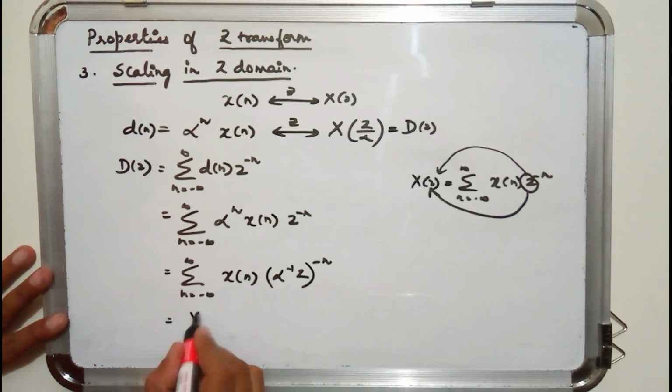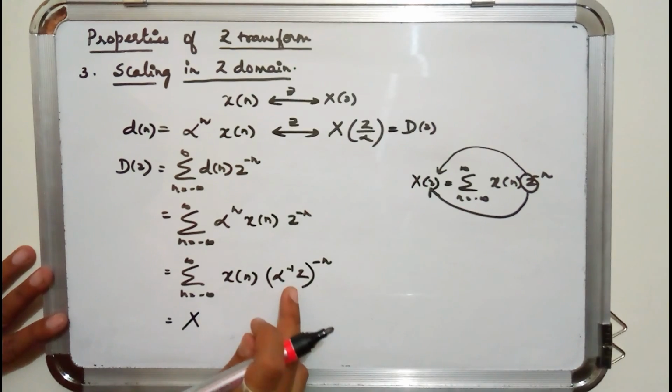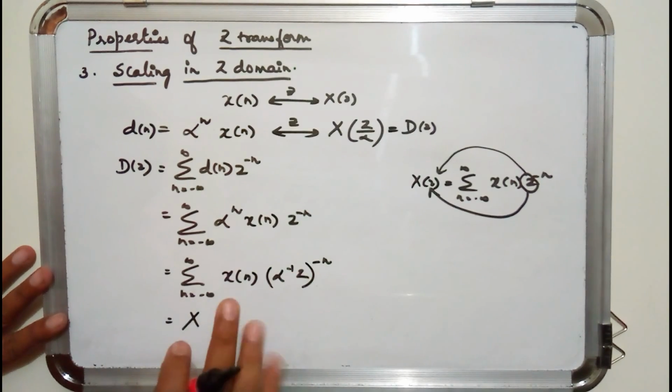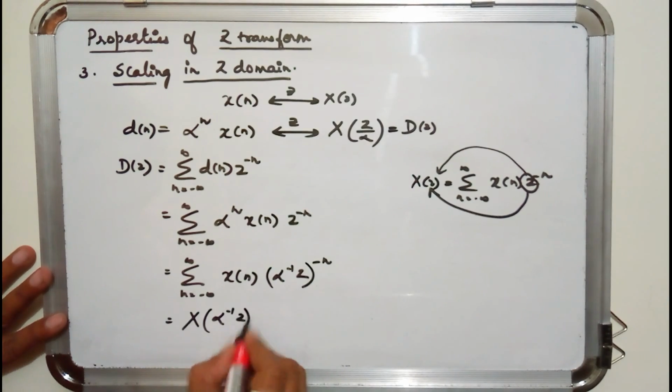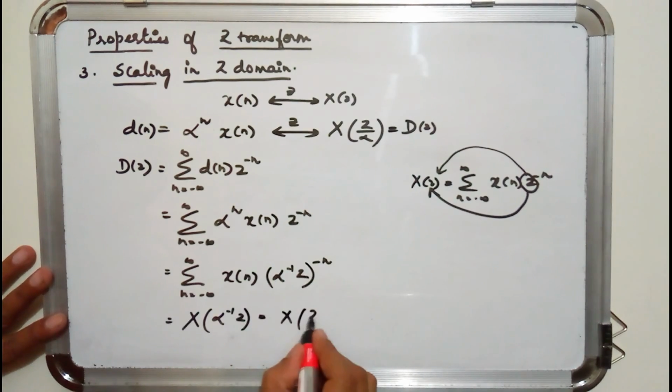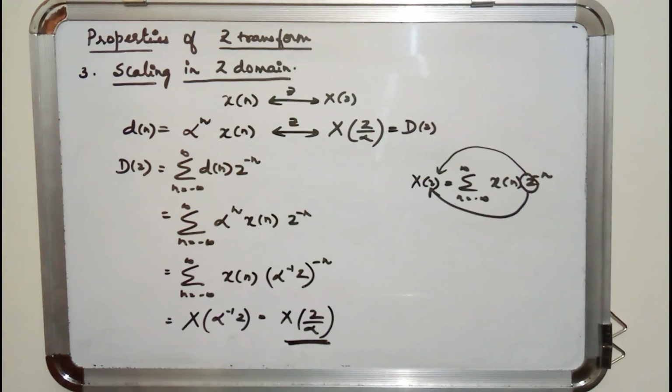So if you had z power minus n, it is X of z. If you have this term, it will be X of alpha inverse z, which is nothing but X of z by alpha, which is our right hand side. Whatever factor is there, that will be the z transform.